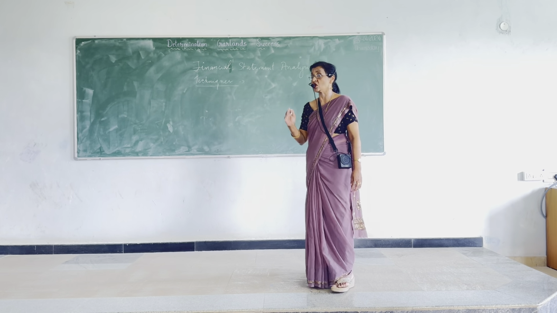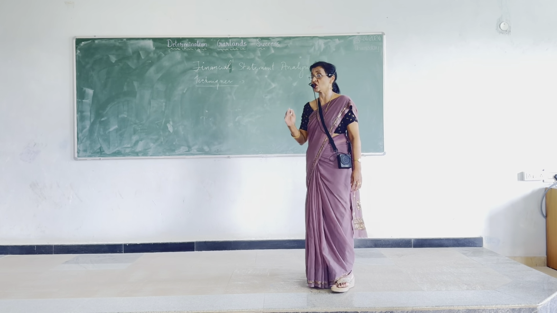So if the sales or revenue from operations in the base year is 500 crore, in the first year it is 600 crore, first year after the base year, and in the second year it is 650 crore. If these are the details, how do we measure the trend?